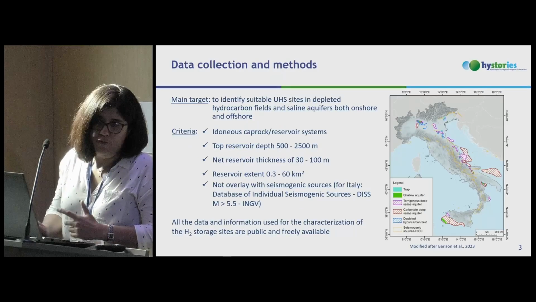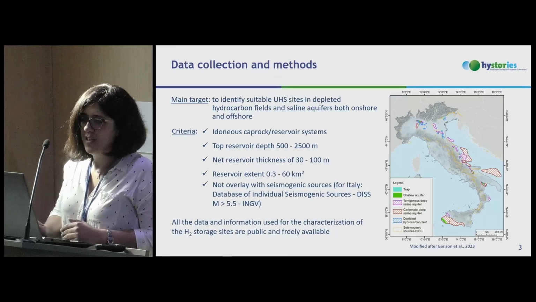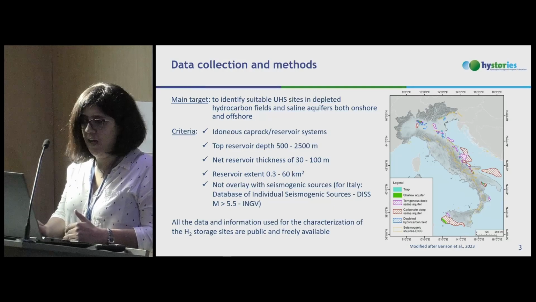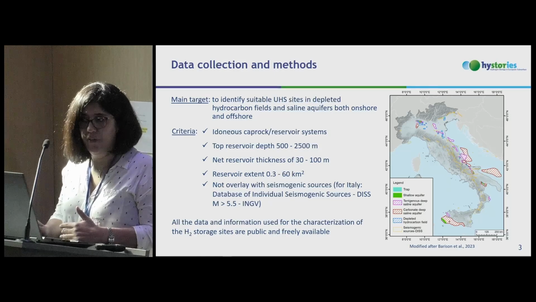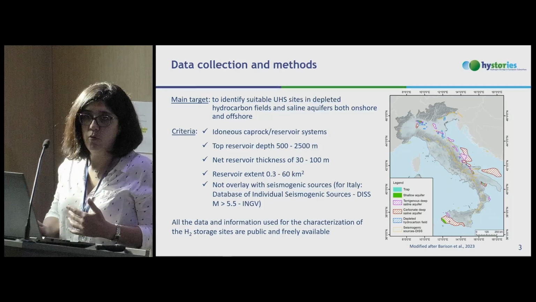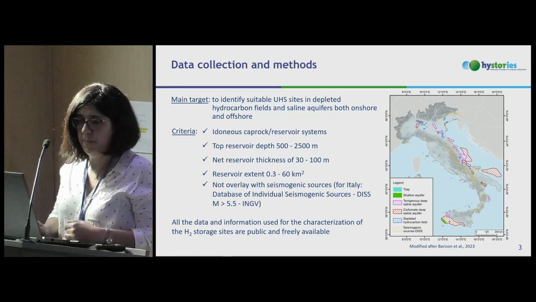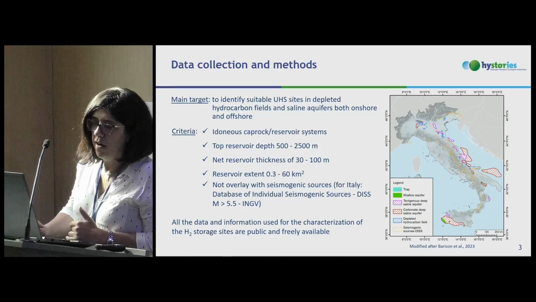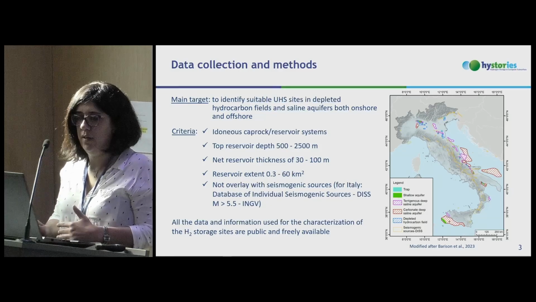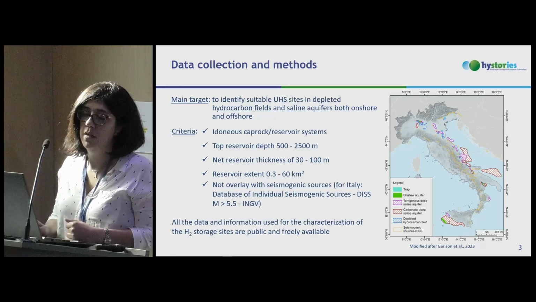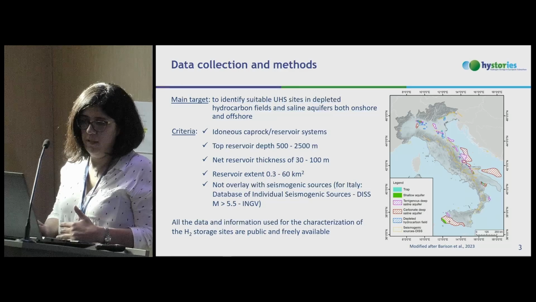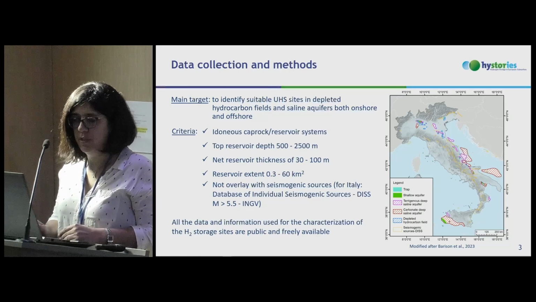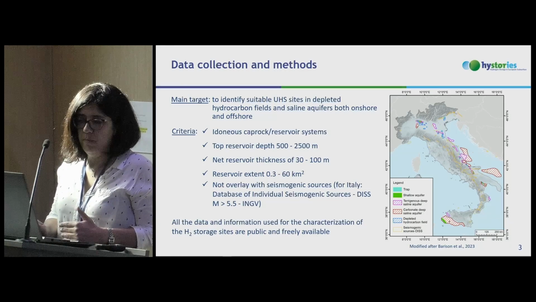So the main target, of course, as everybody knows, is to identify suitable porous media where to store hydrogen, both in saline aquifers and depleted hydrocarbon fields. Some of the criteria are, of course, to have a suitable reservoir-cap system. The minimum depth for the reservoir has been identified within the project at 500 meters.